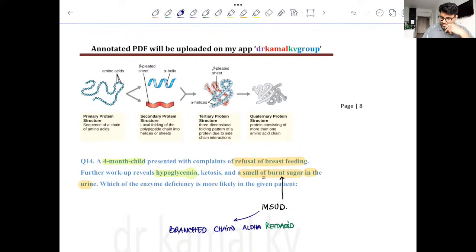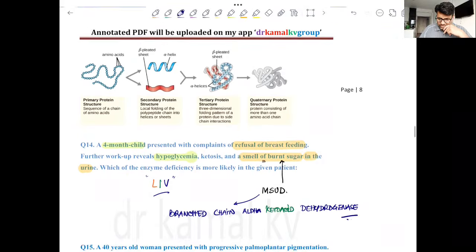Clear? We have already discussed which amino acids' metabolism is defective. So remember that mnemonic, LIVE. Fine. Leucine, isoleucine, valine. So this is classical for maple syrup urine disease.